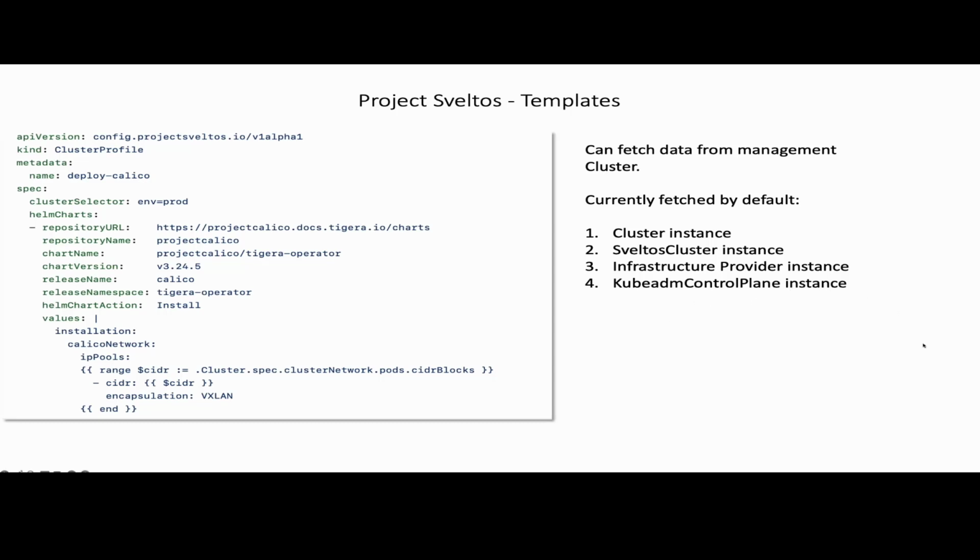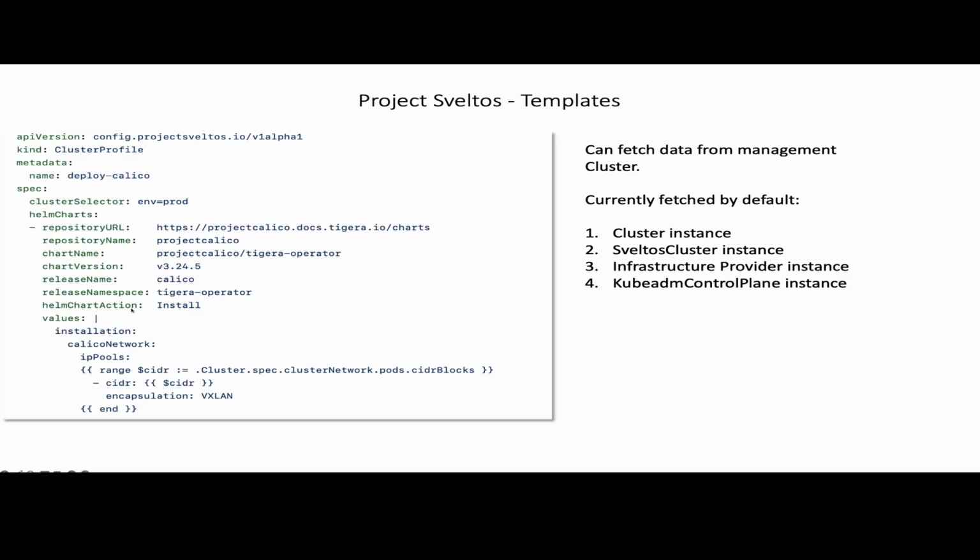Here is an example. I want to deploy Calico in all the clusters which are matching the label environment production. Now, Calico needs the pod header blocks, so I can achieve that. I add a values section to this Helm chart, and this values section is expressed as a template. I know that if I'm about to deploy Calico in a cluster which is powered by Cluster API, then in the management cluster there is a Cluster API cluster instance representing the cluster, and in its spec cluster network pod header, it contains the pod header blocks.